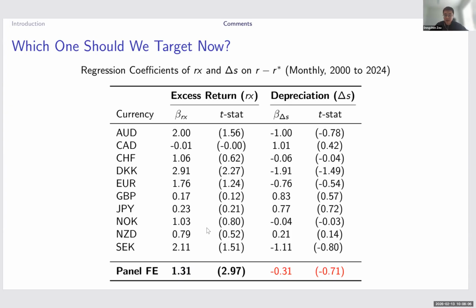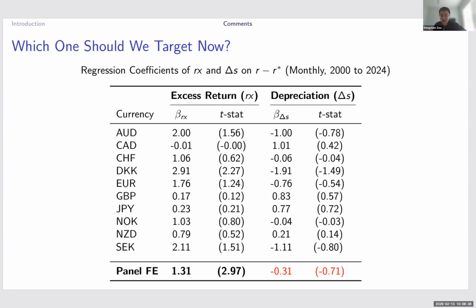And if we just look at the depreciation, because this is just a pairing, because FX return is equal to depreciation, appreciation plus this interest rate differentials, we don't see much significance, if any, in terms of the depreciation. What does it mean? It means that most of this FX risk premium is coming from the interest rate differentials, and this is a panel time series regression.